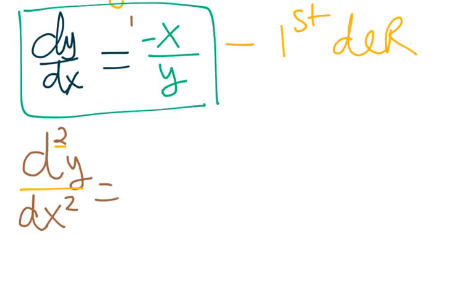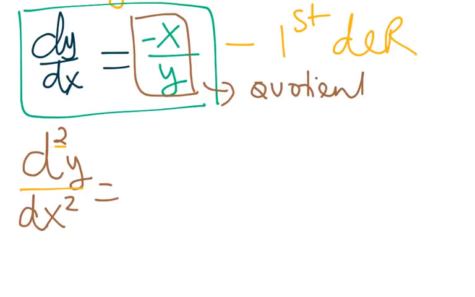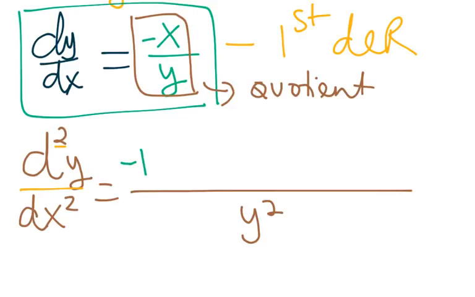If we look at this one right here, you recognize this is a quotient. So I'm going to use the quotient rule to take the derivative of this one. That means y squared in the denominator, then the derivative of the first one, which is negative 1, times g of x, which is y, minus negative x times the derivative of y, which is 1 dy over dx.